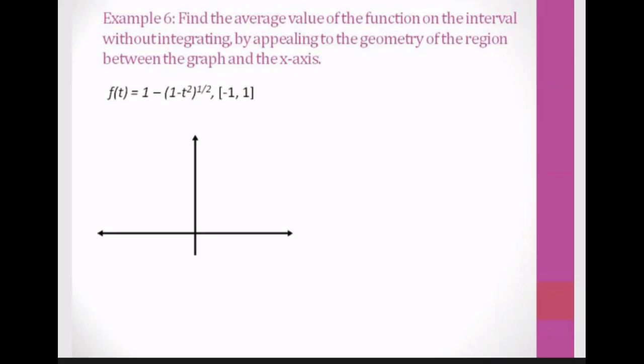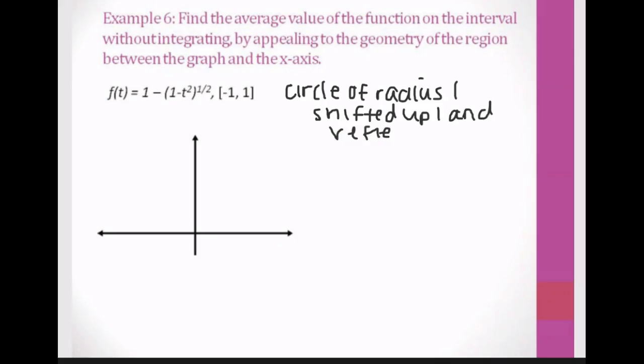So for this example, you have to take into account that this represents a circle of radius 1, shifted up 1, and reflected. So that means that the vertex of the circle is at the origin, and at -1 and +1 it'll be at its height of 1.